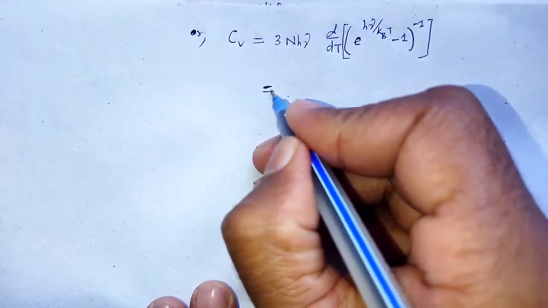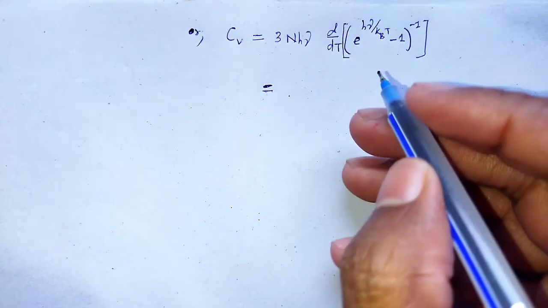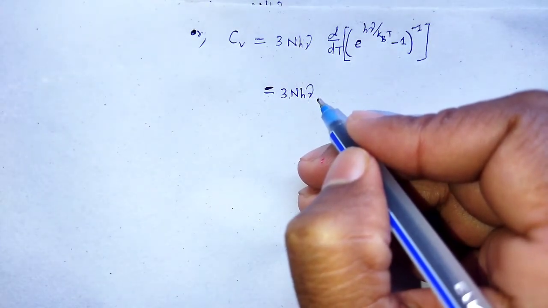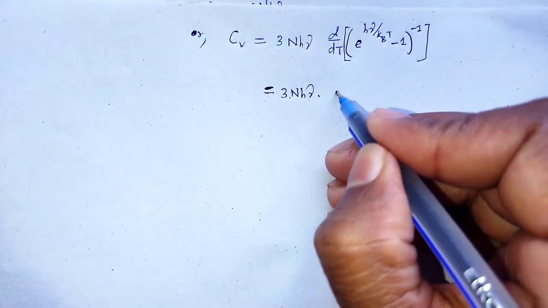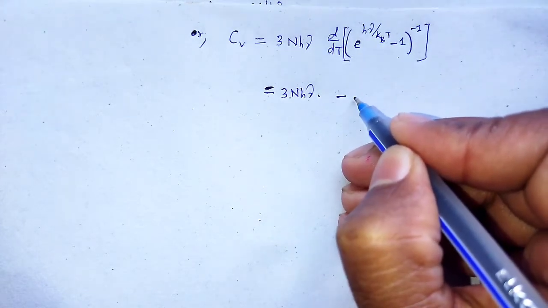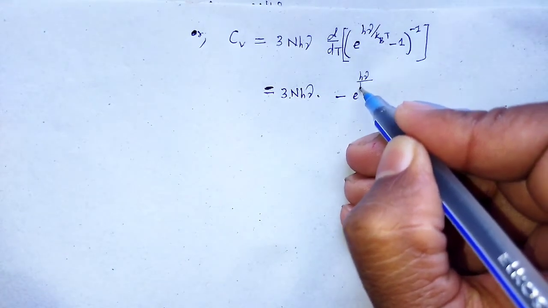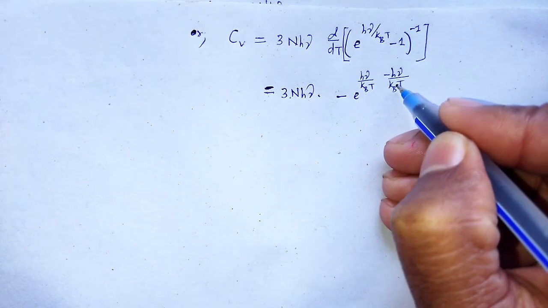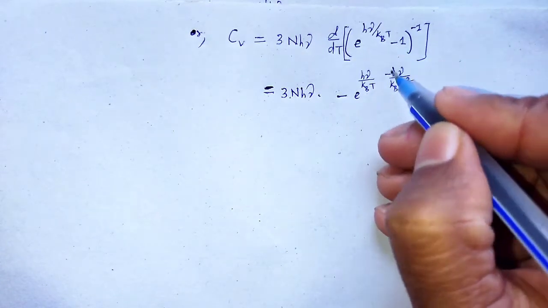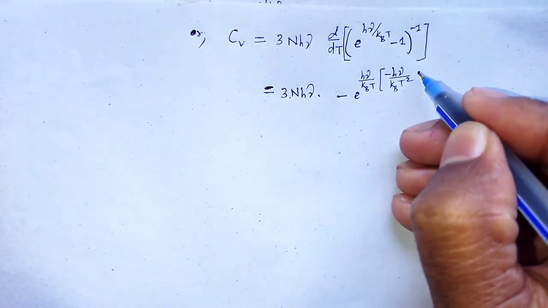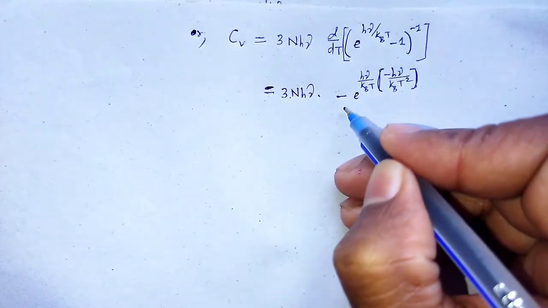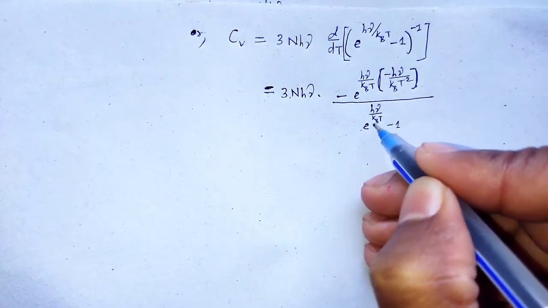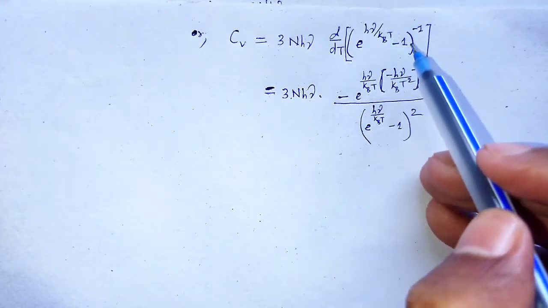Therefore its differentiation is equal to 3n h nu into the differentiation, as minus e to the power h nu by kBT into minus h nu by kB T square, divided by e to the power h nu by kBT minus 1 whole square, that is the differentiation of that term.